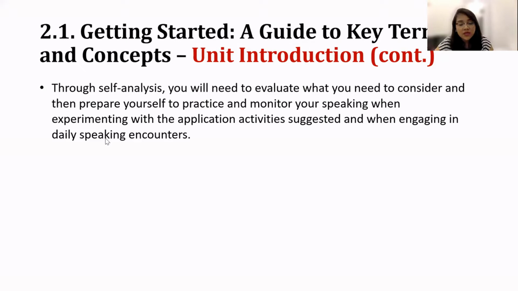So here, what is highlighted is also the ability to analyze ourselves. When we know how to analyze ourselves, we know how to evaluate ourselves, we know how to monitor, and then when we put the mastery into practice, we can do better, and then we can revise what needs to be revised so that in the next opportunities when we need to be involved in similar situations, we can perform better.